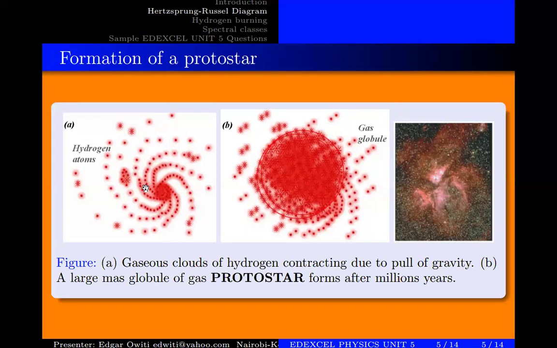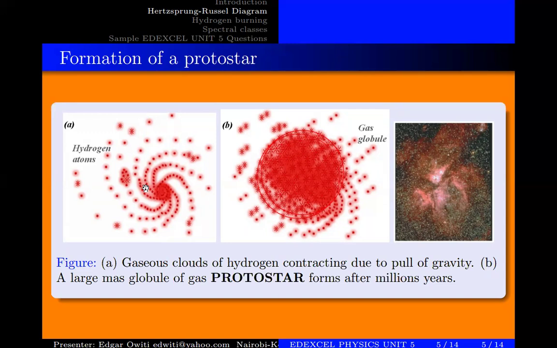When it collects, the gravitational pull also increases to a very high value and attracts many other hydrogen atoms toward the center. These atoms approach the center at a very high speed, and that increase in kinetic energy makes the core have a very high temperature at the center.